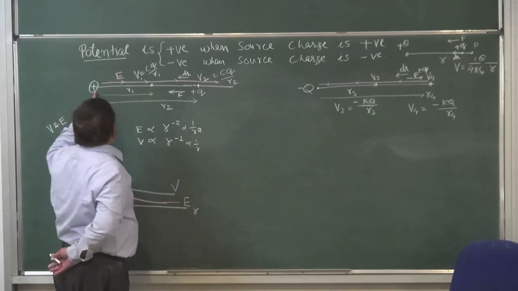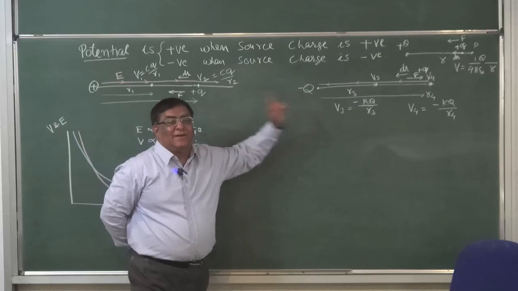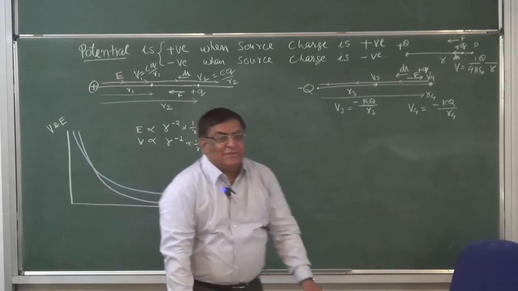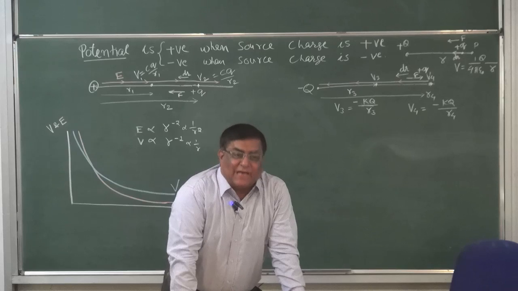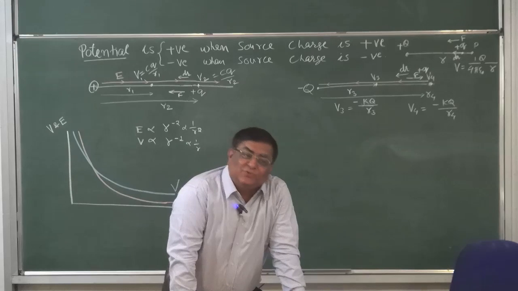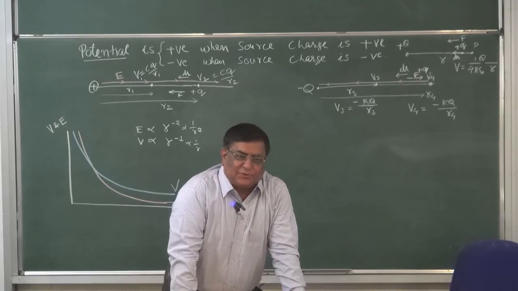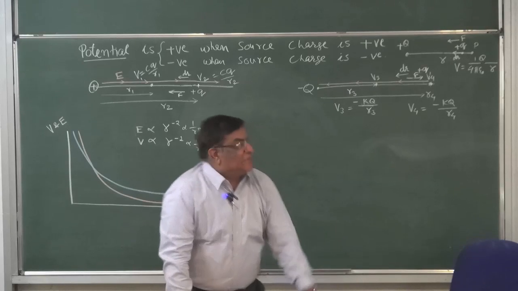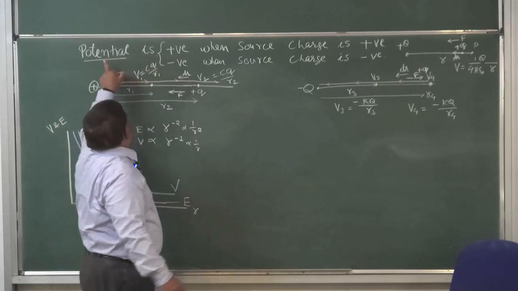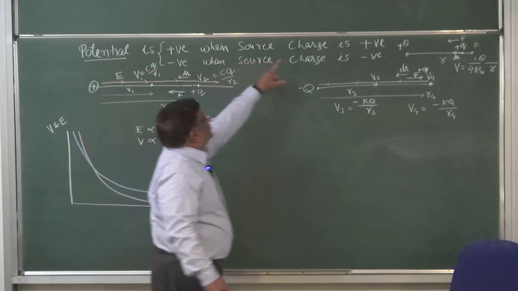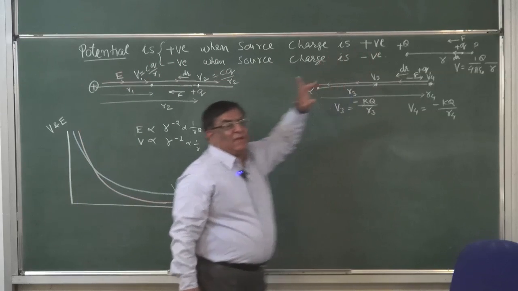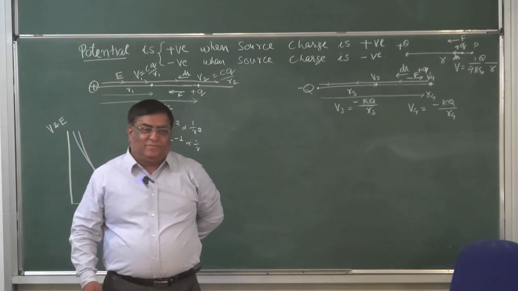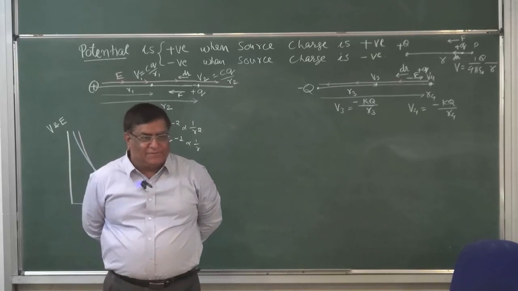Because this is a positive charge and this is a negative charge, the source charge. That means the sign of potential is decided by the sign of the source charge. Is this point clear? So from now onward we make it a rule: the potential is positive when the source charge is positive and the potential is negative when the source charge is negative. Okay? So we will remember this.